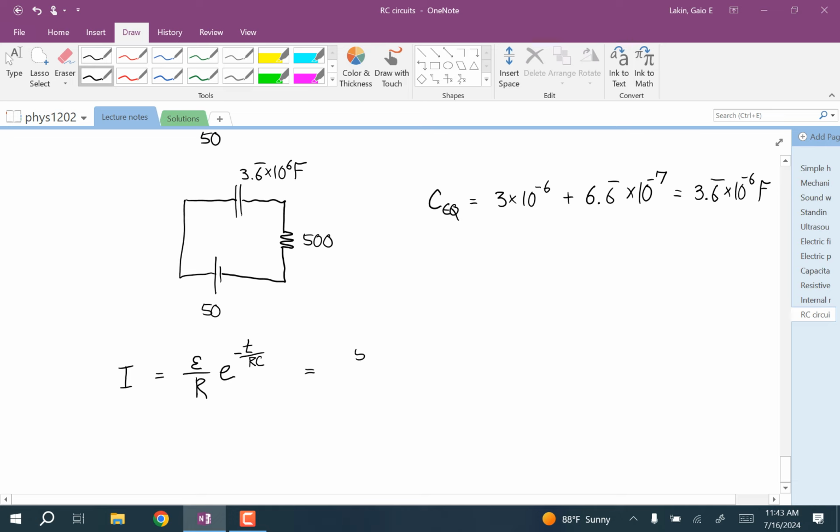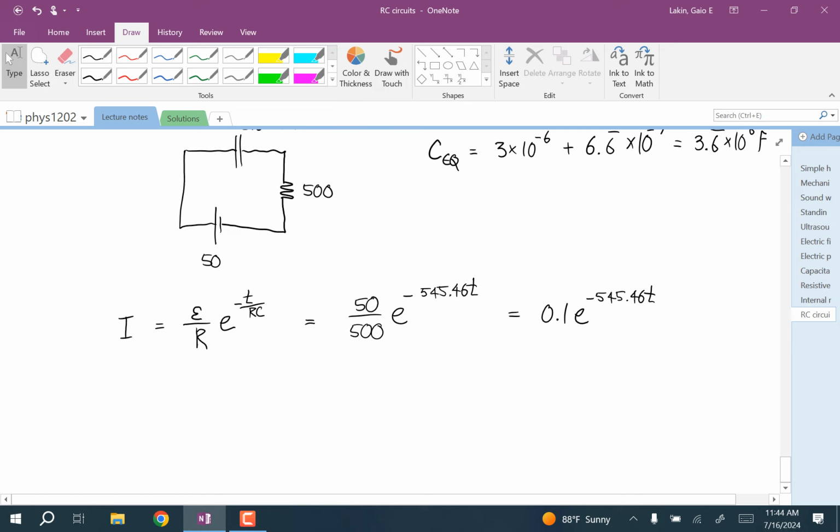And so that is 50 over 500 times e to the power of, if I simplify the math, negative 545.46 t. And then this is 0.1 e to the negative 545.46 t.